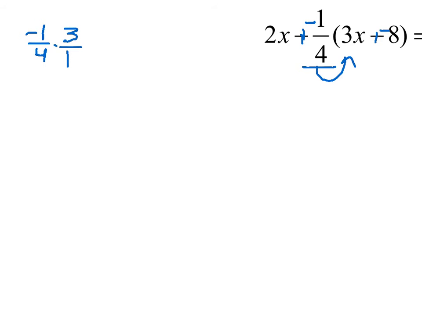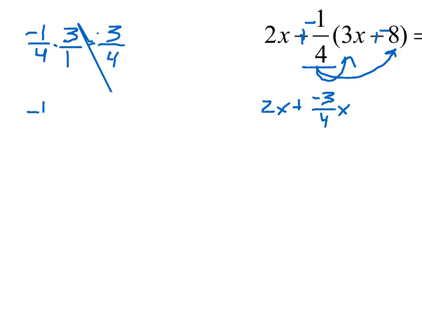All right, do I need to find common denominators here, Christopher? No, I do not, because we are multiplying. So we have top times top gives me a -3/4. 2x plus -3/4 x, and -1/4 times -8.